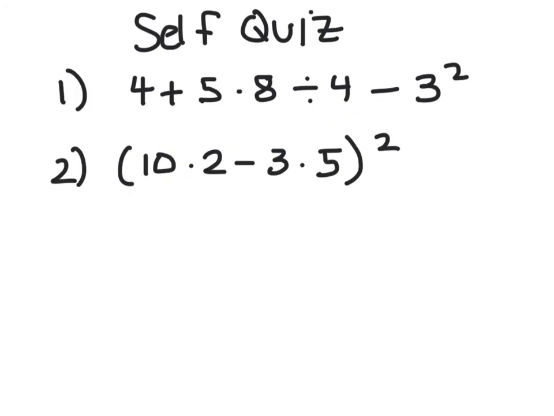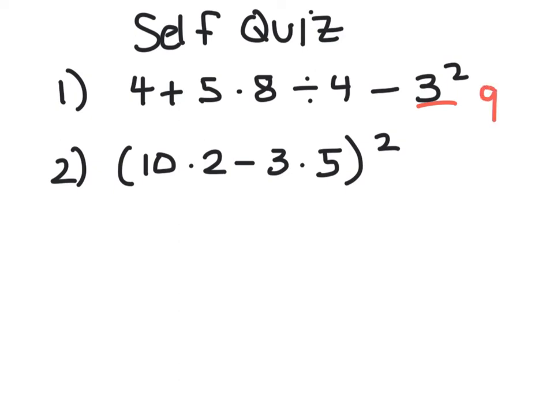All right, here's a little self-quiz. Copy the problems down and pause your video, then restart to check your answer. Welcome back from pausing the videos. Alrighty, number 1. We don't have a parenthesis, but we do have an exponent. 3 squared, so that would equal 9.